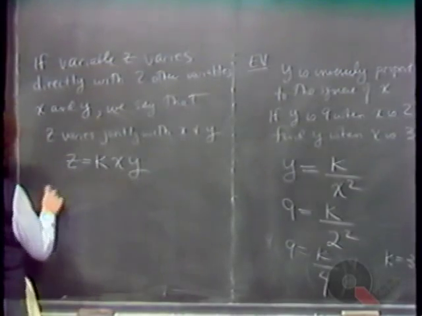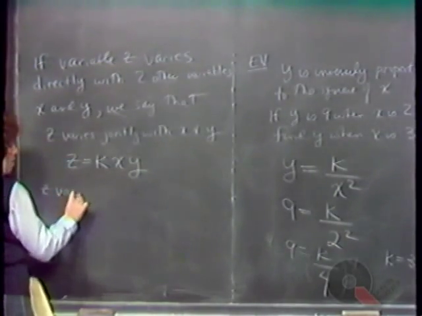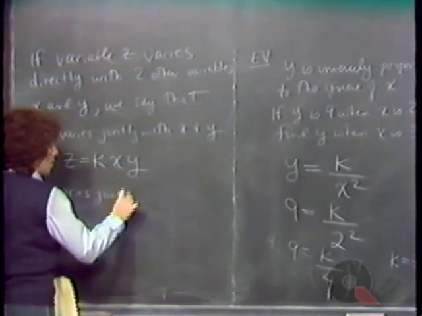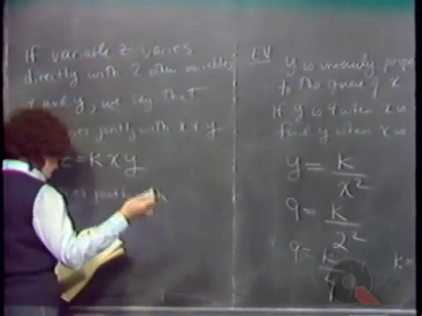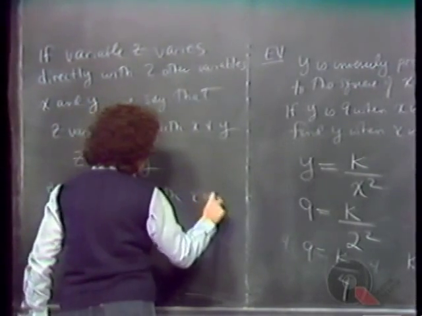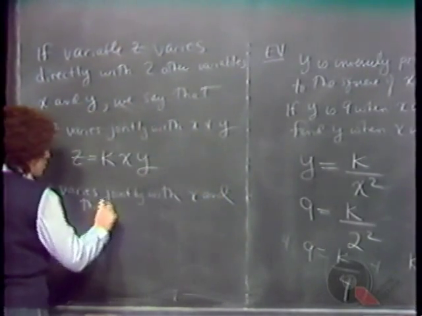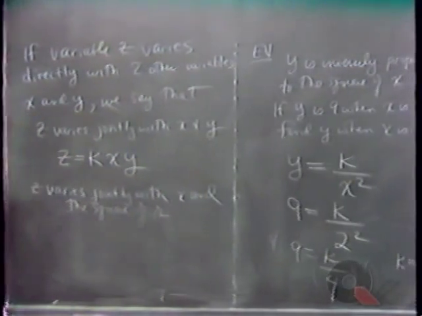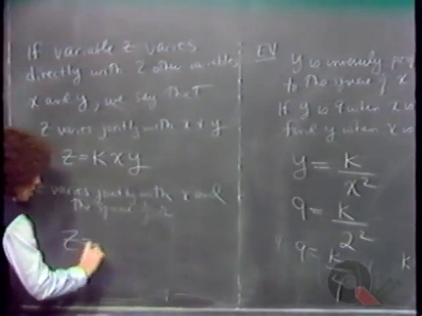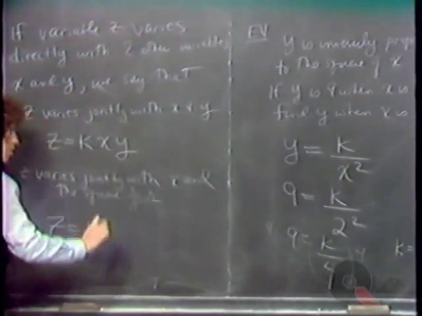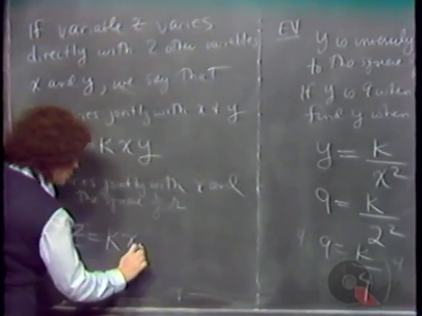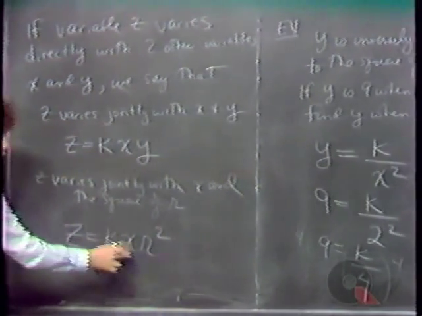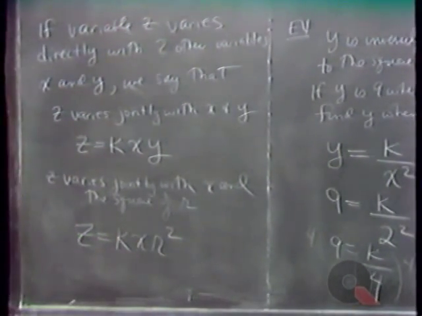Okay, we might write z varies jointly with x and the square of r in the following way. Z is directly proportional to x and the square of r. Z is k times x, r squared.